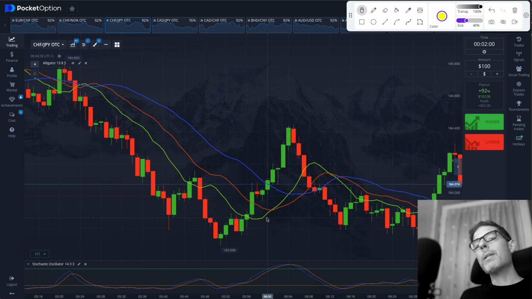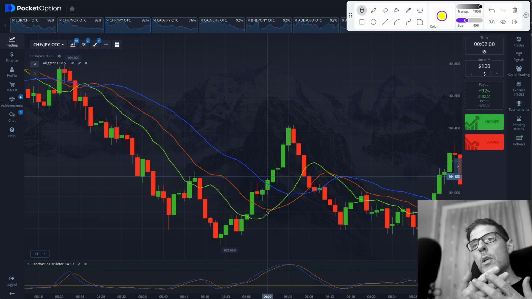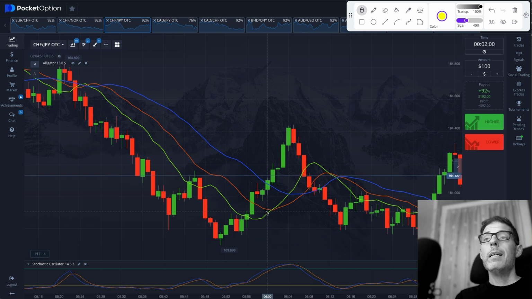Okay, so if you planned on going short, or if you planned on selling the market at this point here, and then all of a sudden you start to see the lines start to cross each other, you may want to stay out of the market, because we could have a huge direction shift here, or maybe not. Maybe it could be a fake out.